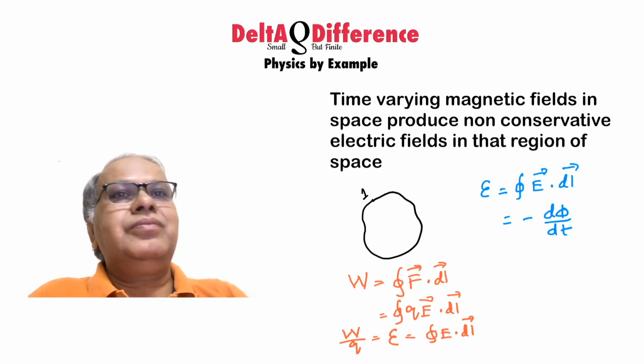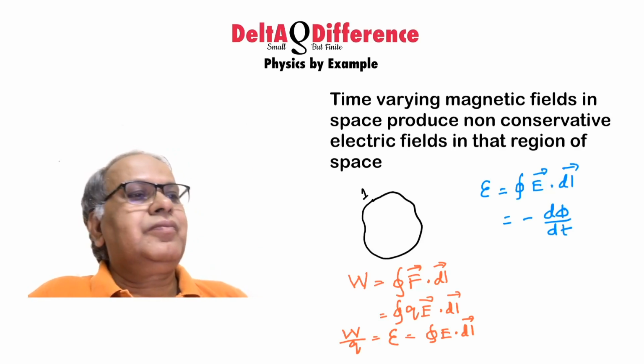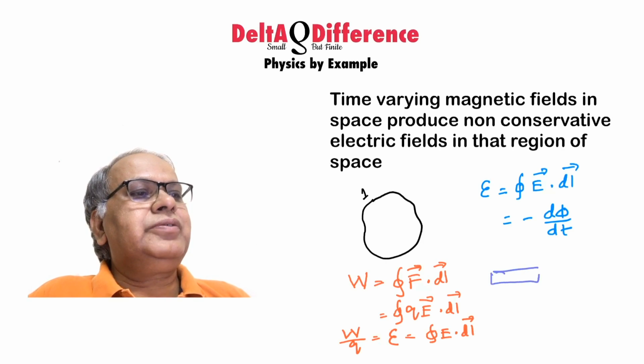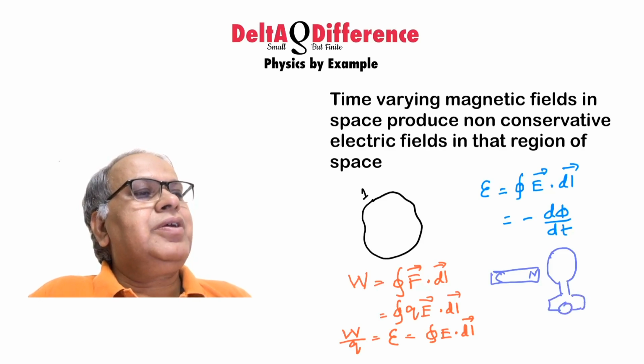If you have a bar magnet moving into a coil and you put a galvanometer here, this is the flux, magnetic field lines.